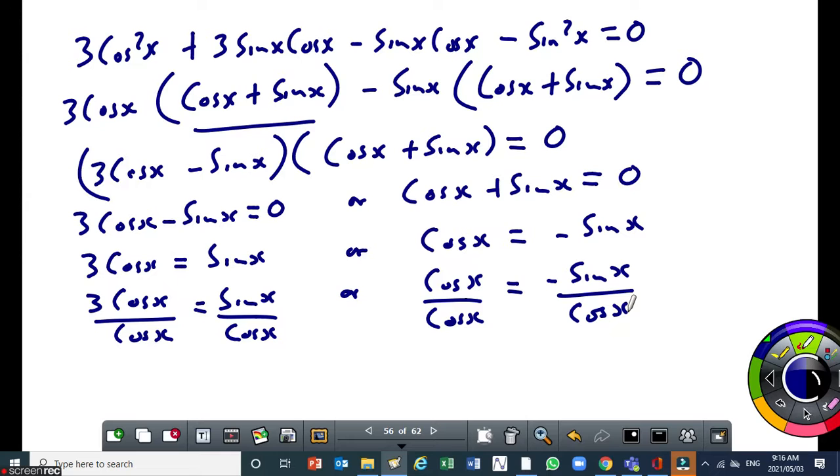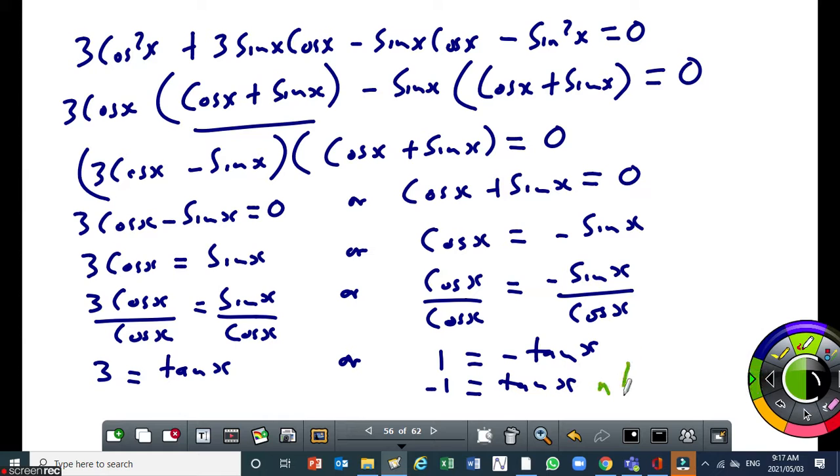Now, the one to my left will give me 3 equal to tan x, which is fine because here tan x is greater than 0. The second one will give me 1 equal to minus tan x, which means minus 1 is equal to tan x, which means I'm going to reject this one here because tan x is negative. So I'll be left with one trig equation, which will be tan x equal to 3.